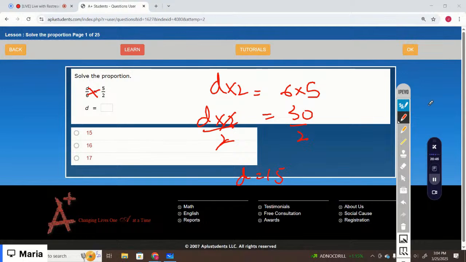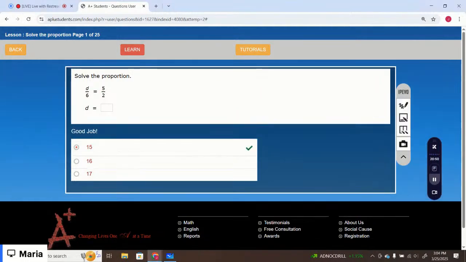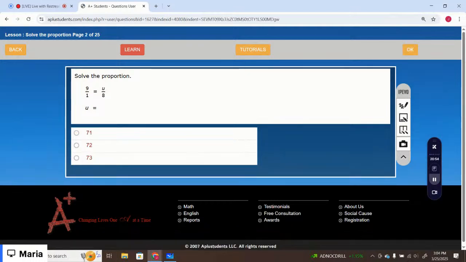Option number 1 is the correct option. That is 15. Solve the proportion 9 over 1 equals u divided by 8.